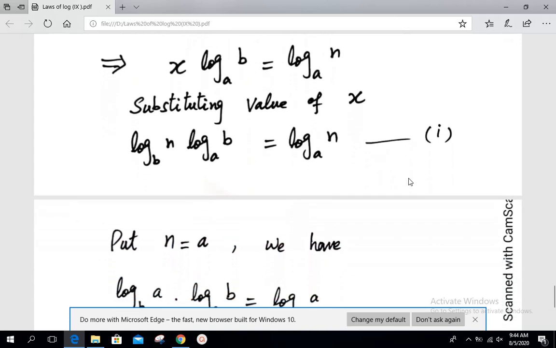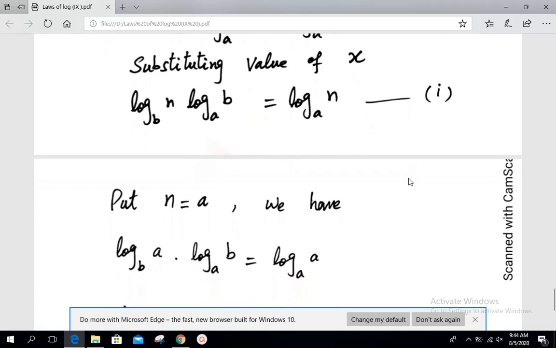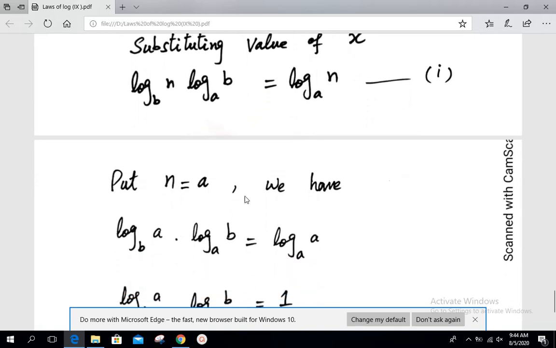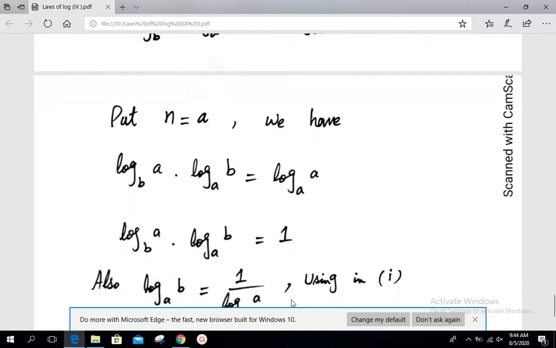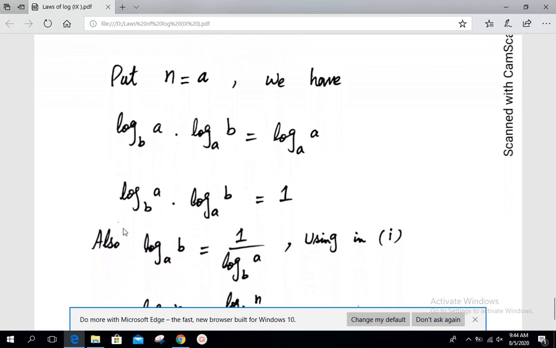In it I put n is equal to a. We have log of a with base b multiplied by log of b with base a is equal to log of a with base a. Viewers, here the log value and base are both the same, and this is equal to 1. Keep it in your mind. So we have log of a with base b multiplied by log of b with base a is equal to 1.